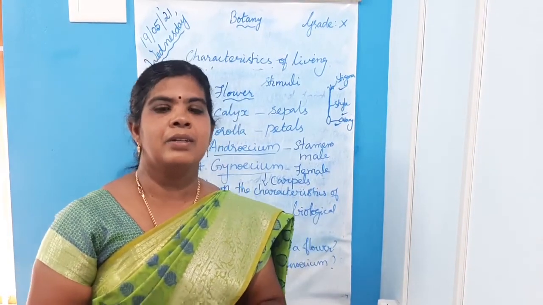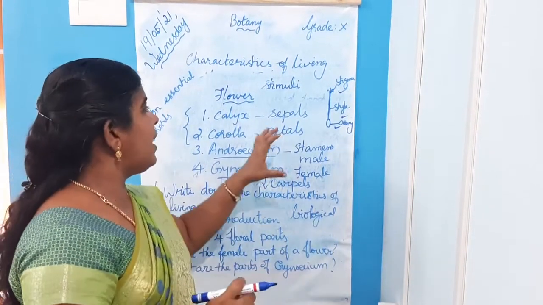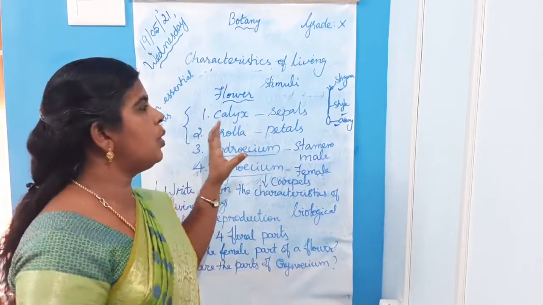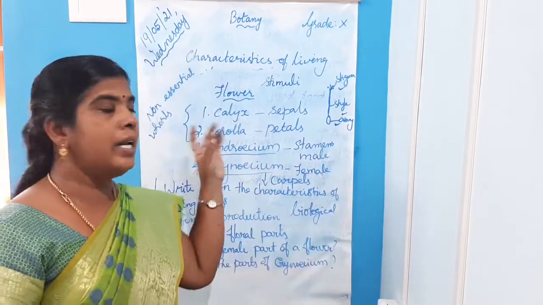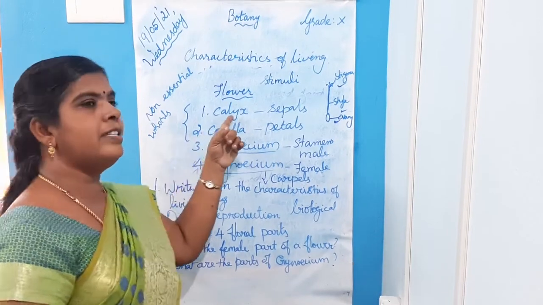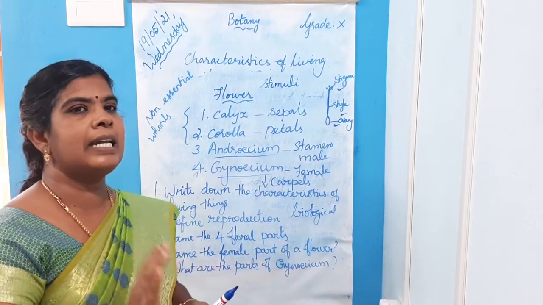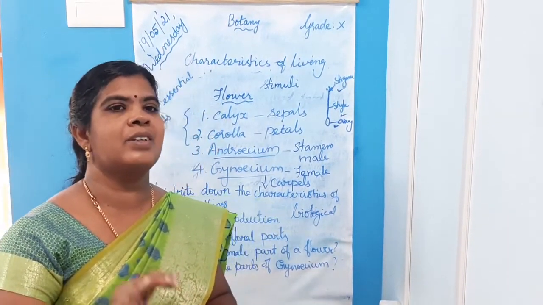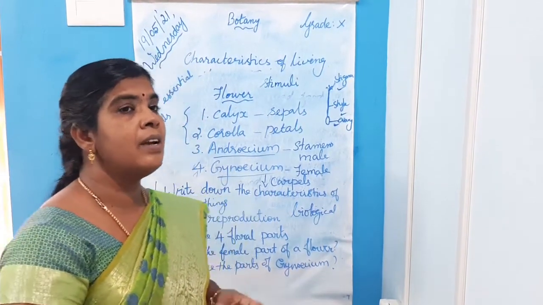Okay, children. Now you must know why calyx and corolla are called non-essential parts of a flower. Because these two, calyx and corolla, do not directly take part in reproduction, they are termed as non-essential parts of the flower.